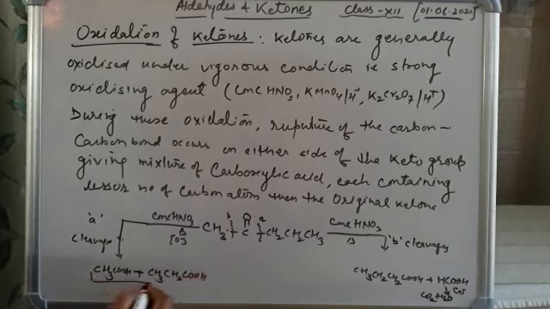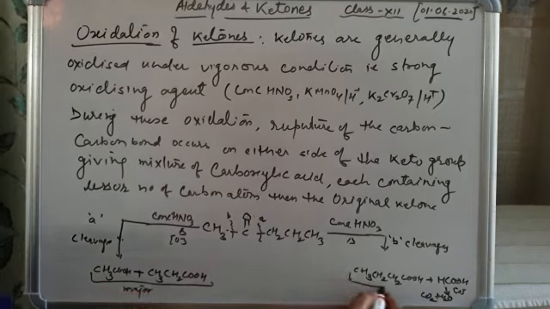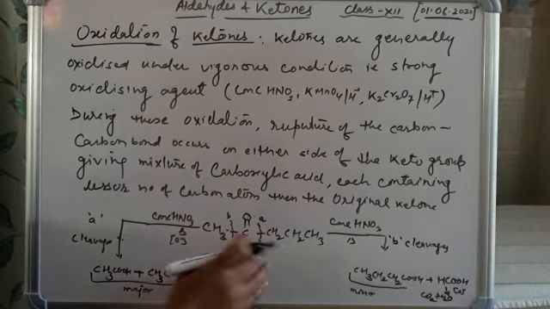This will be the major product and the other will be the minor product. So like aldehyde, oxidation of ketone is not easy. When it gets oxidized in the presence of a strong oxidizing agent, the carboxylic acid formed has a lesser number of carbons than the parent ketone.